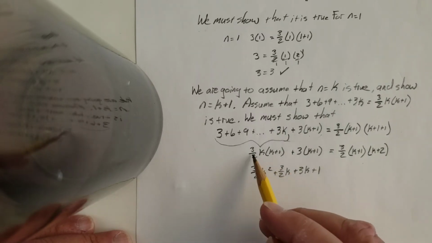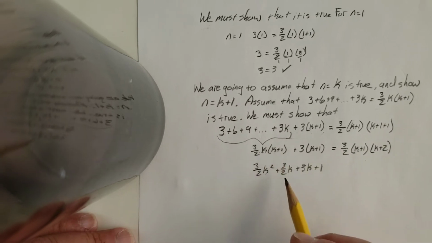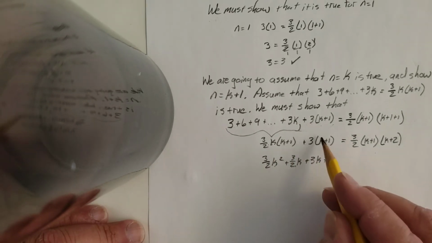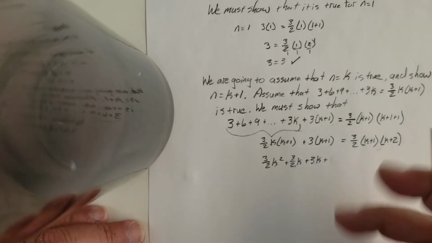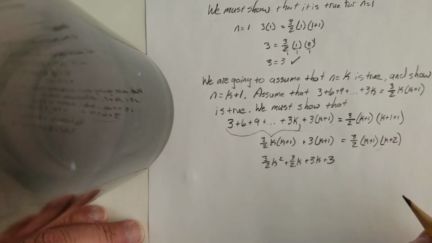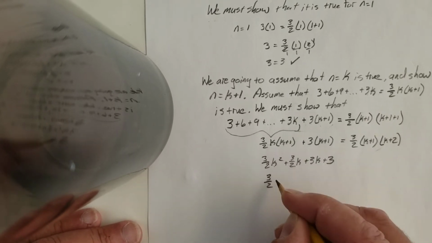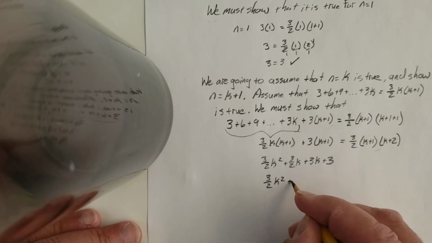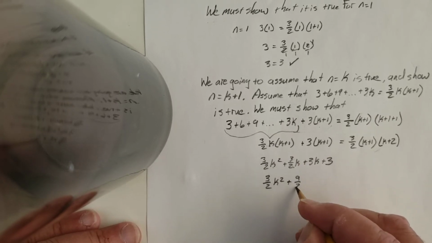I just distributed 3/2 k times k, 3/2 k times 1, and then I'm adding 3k plus 3. Sorry about that.